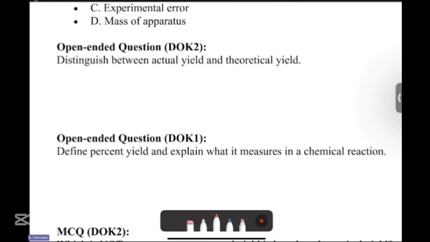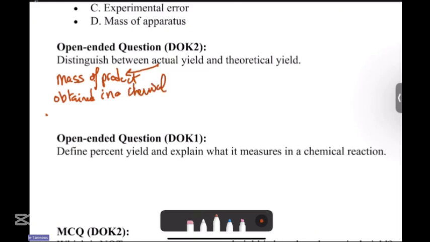Distinguish between actual yield and theoretical yield. The actual yield is the real mass of product obtained in a chemical experiment, after, of course, facing the errors and whatever conditions in an experiment.